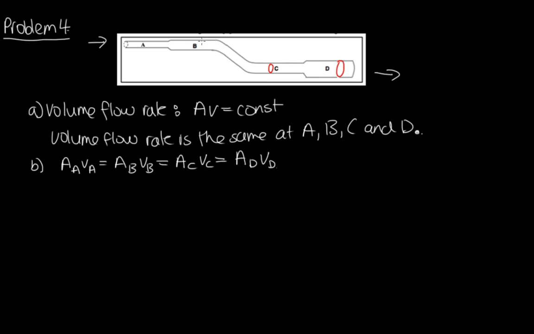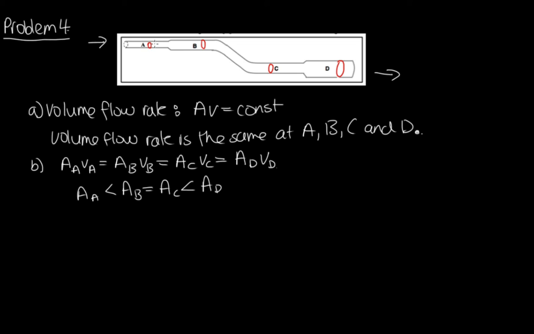The surface area at C and D is the same, and A is the smallest. So we know that the area at A is less than the area at B, which is equal to the area at C, which is less than the area at D. So if this one is largest, then the velocity at D needs to be smallest in order for all of these things to be equal.